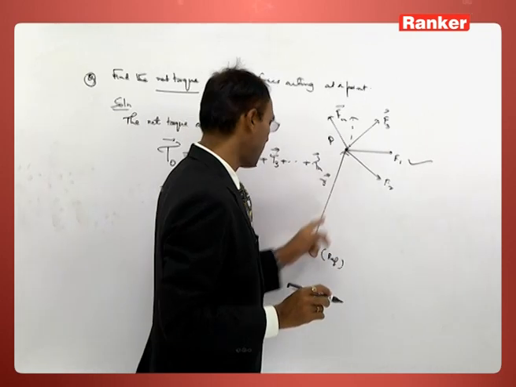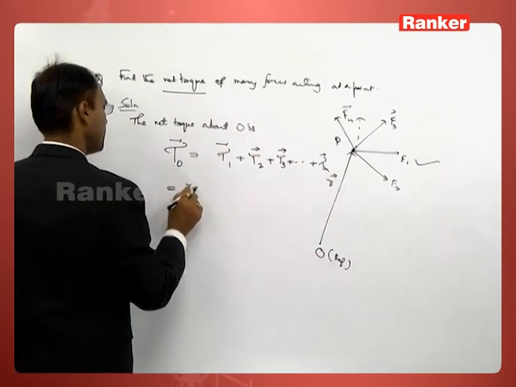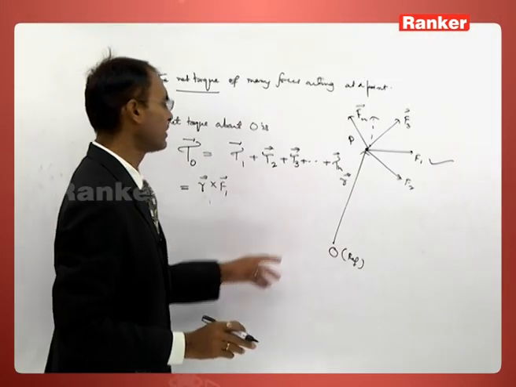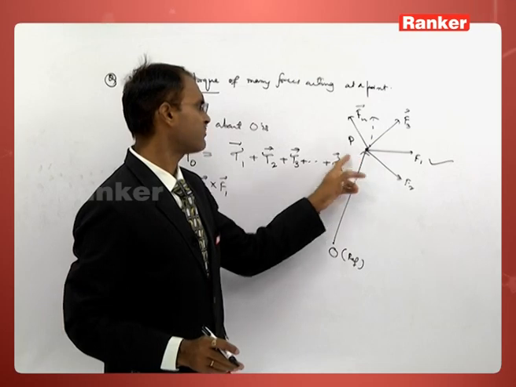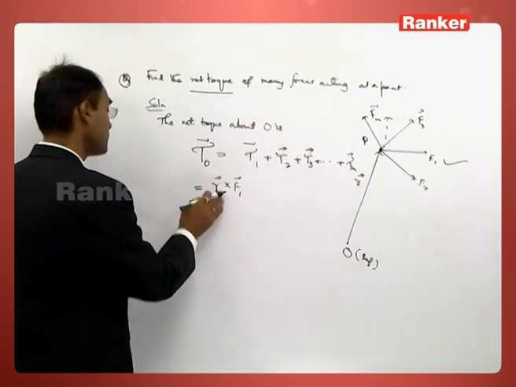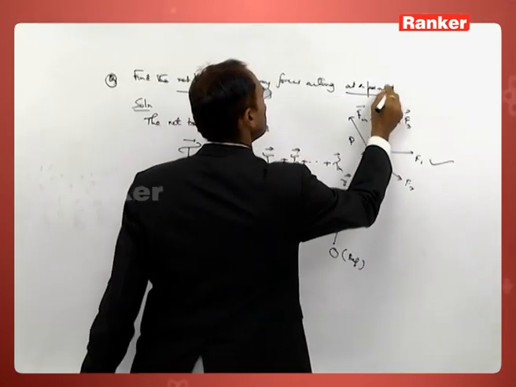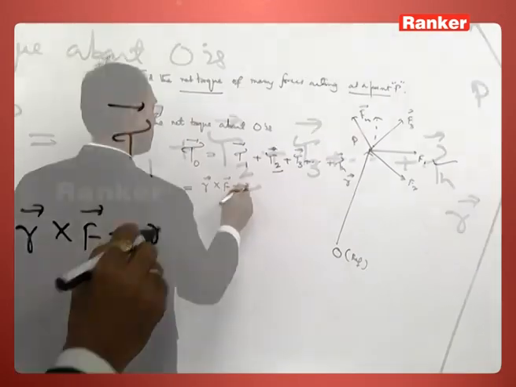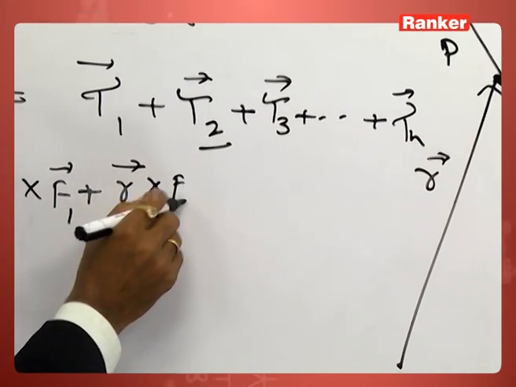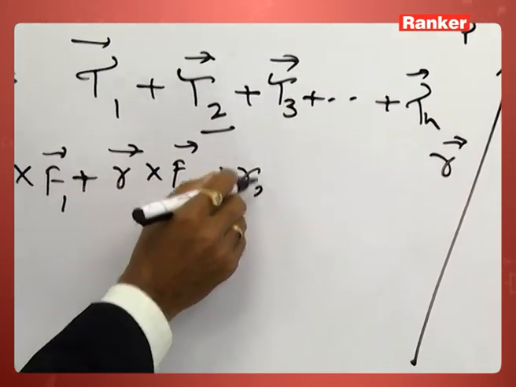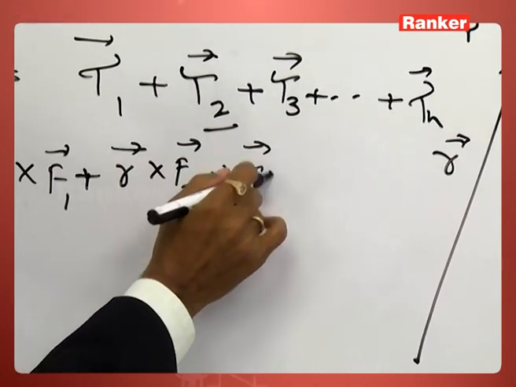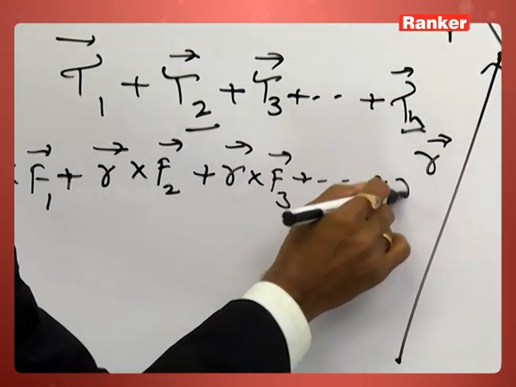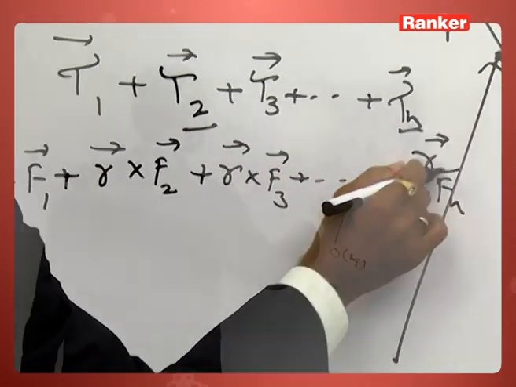Torque due to this force F1 about this point can be written as R cross F1, because R is the position vector of the point of application of all forces, because all forces act at a point P. Tau 2 is equal to R cross F2. Tau 3 is equal to R cross F3 and so on. Tau n is equal to R cross Fn.